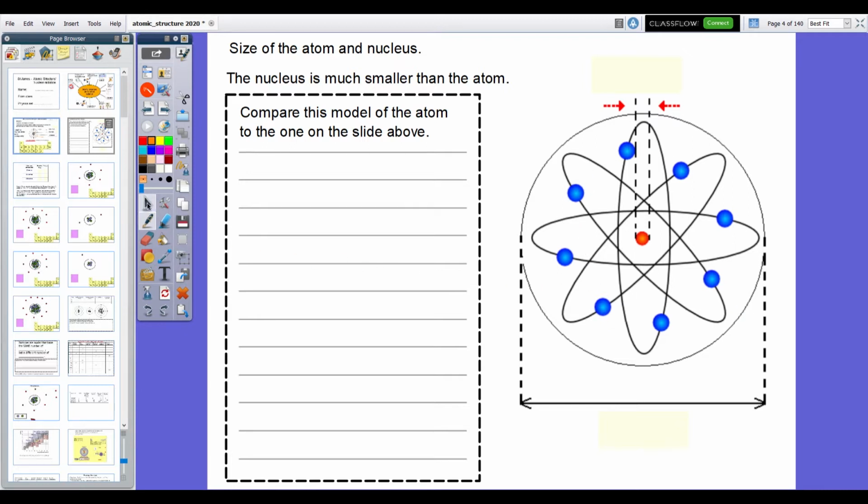So what sizes are we looking at here? Well, if we actually measure the size of the atom, we are normally working in this realm down here, which is 10 to the minus 10 meters. So if you want to get an idea of what 10 to the minus 10 meters is, think of a millimeter, divide it into a million parts, and then divide that by 10.